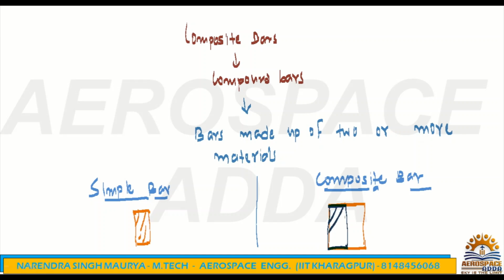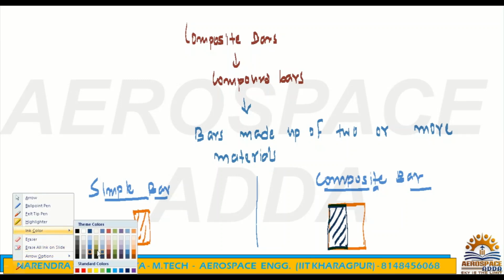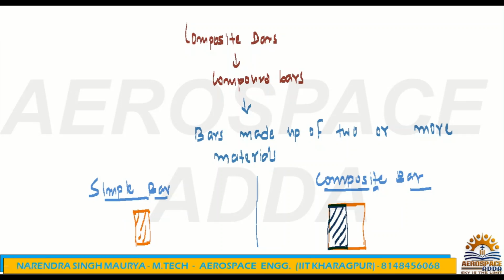This is one material used here, and now here another material is used. So basically this is material 1, and here this is material 2. So two materials are used here, hence it is called a composite bar. Okay.